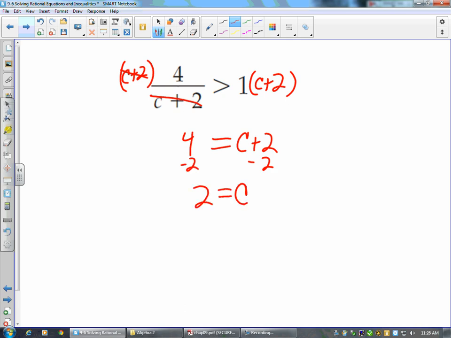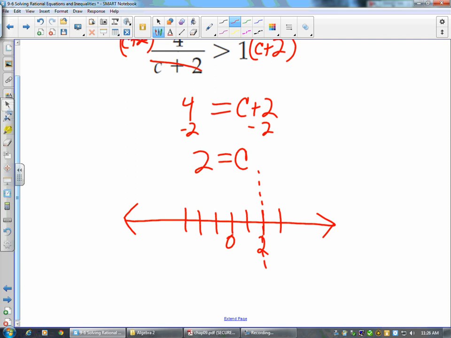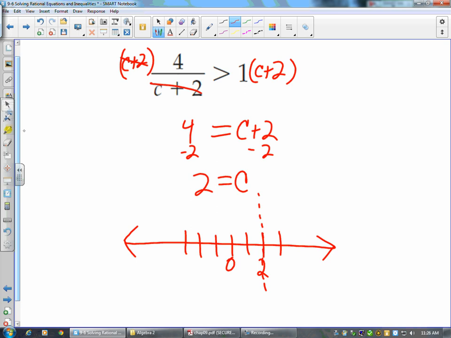Now, the problem is, on a number line, we need to figure out if this is 0, 2, are we shading above it or below it? So if I go back to my original equation and I plug in a 3, for instance, a 3 plus 2 is 5, is 4/5 greater than 1?